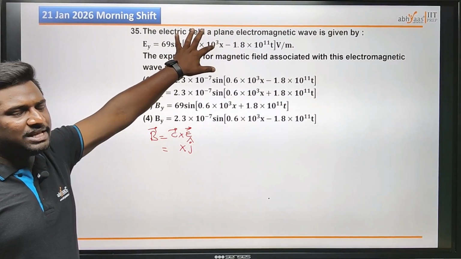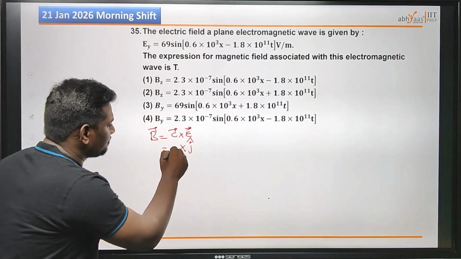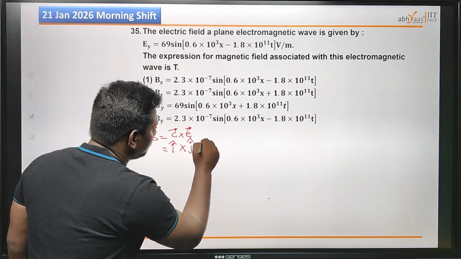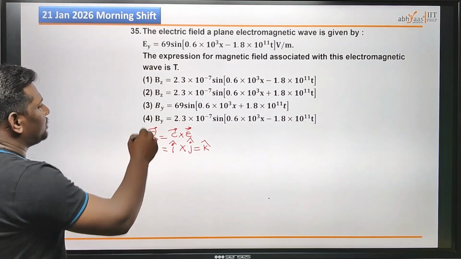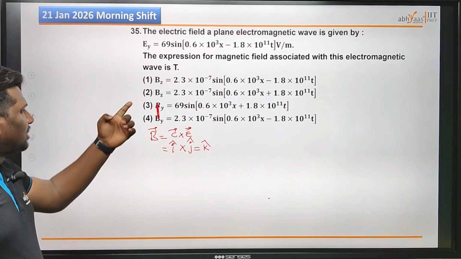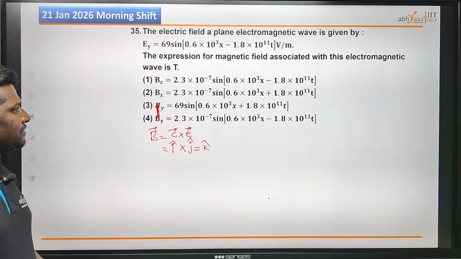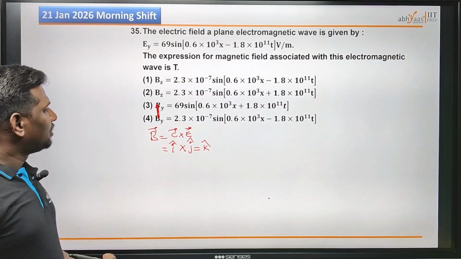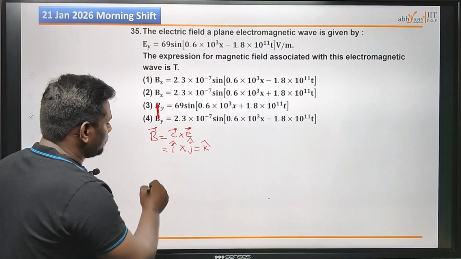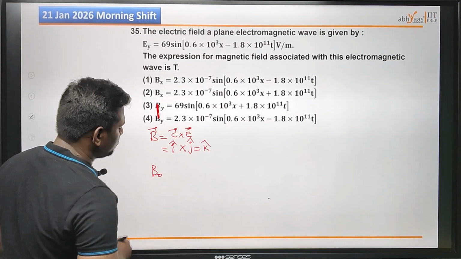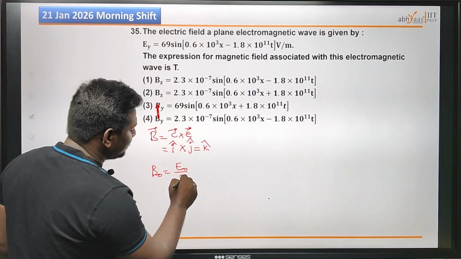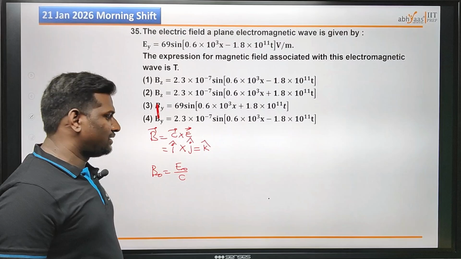In the x axis, they have given. So I cap cross J cap, that is nothing but K cap. So no need to consider these two equations, no need to consider 3 and 4. See here, amplitude of the magnetic field is equal to amplitude of the electric field by C. C is nothing but the velocity of the light wave.